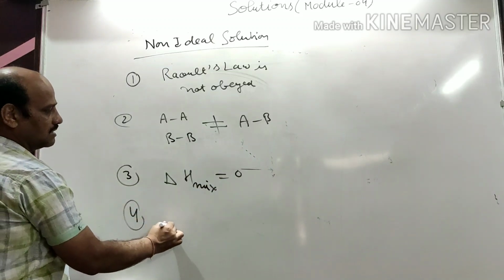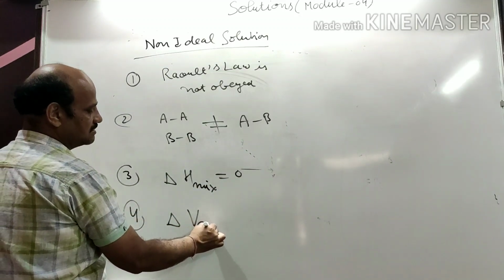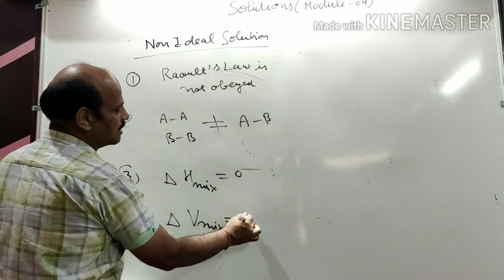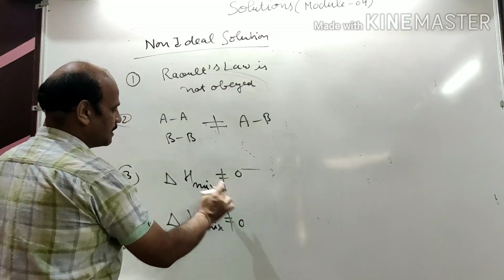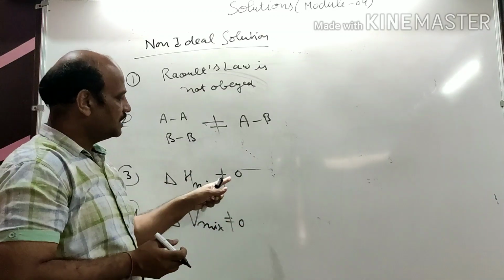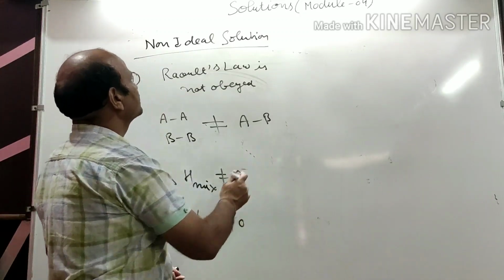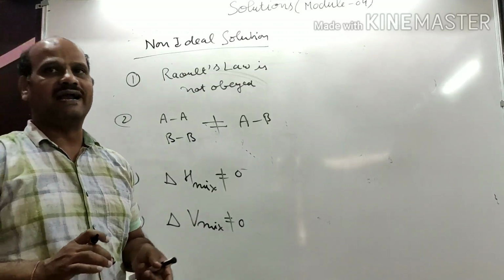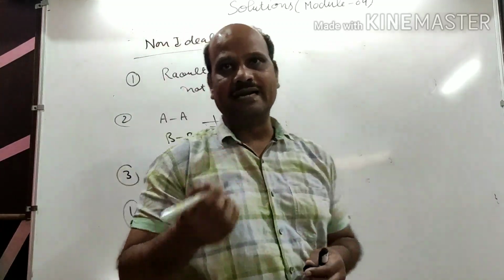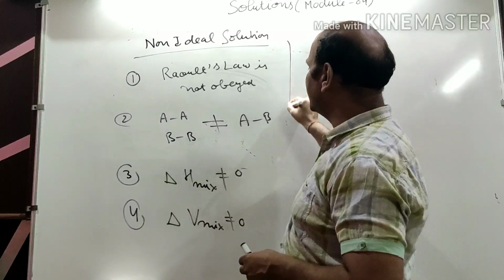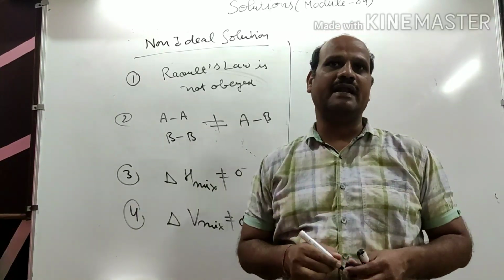Fourth condition, delta V mixing also can't be equal to zero. And such solutions are non-ideal solutions. In non-ideal solutions, there are two categories, positive deviation and negative deviation.